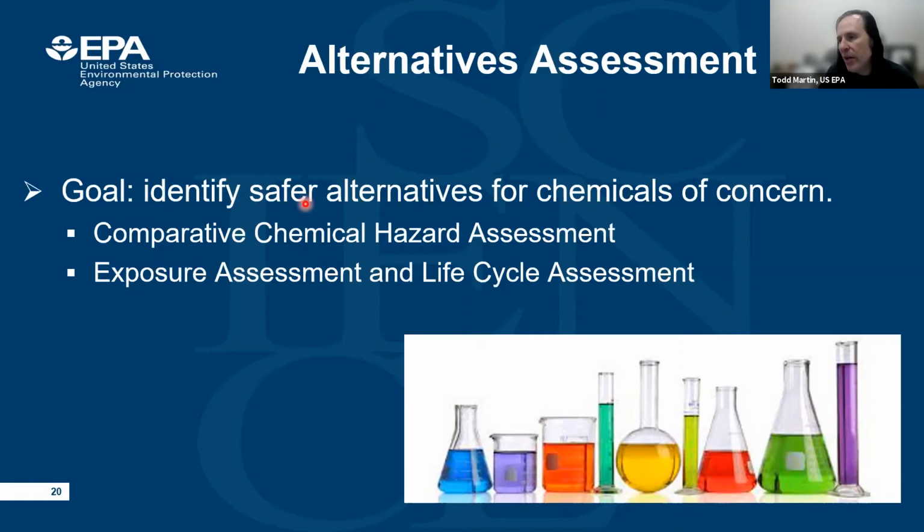But today I'm just talking about the first point, comparative chemical hazard assessment, which is basically, we're just going to look at the different toxicity values and hazards for the chemicals we're looking at. We're not looking at exposure, and we're not looking at the life cycle assessment. Although in the future we can add exposure.